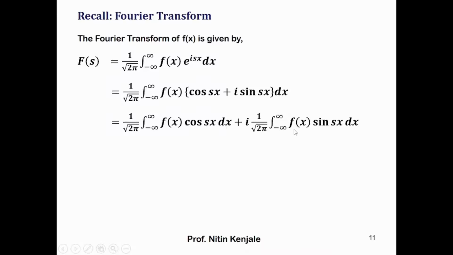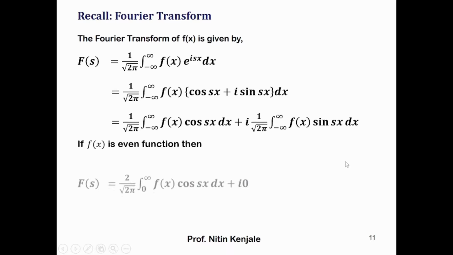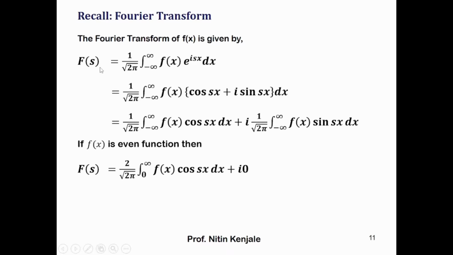Whereas f of x into sin sx will be an odd function, so value of the integration of f of x into sin sx dx over the limit minus infinity to infinity will be 0. So F of s will become 2 times integral of f of x into cos sx dx over the limit 0 to infinity divided by root 2 pi, plus i into 0, that is just 0.